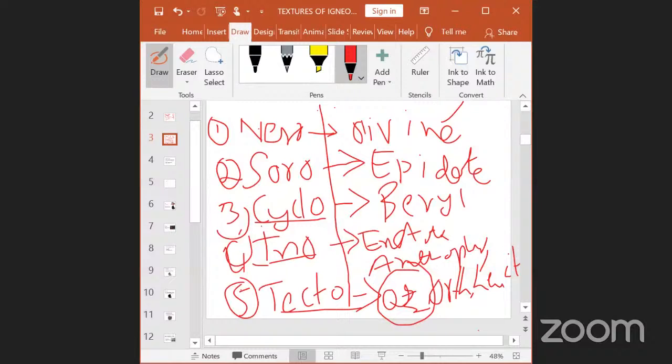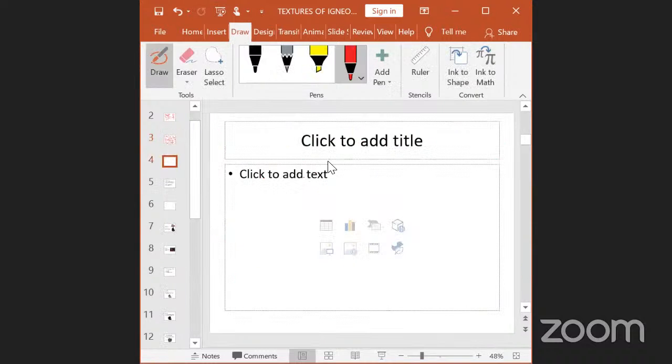Most rocks are multi-mineralic, composed of 3 or 2 minerals, or even 1 mineral. Some pyrogenetic minerals are commonly found in igneous rocks.